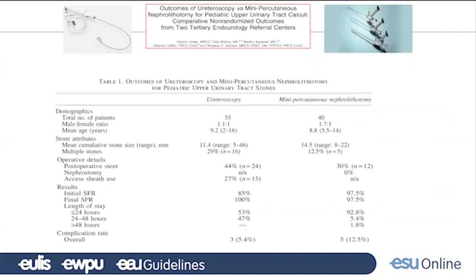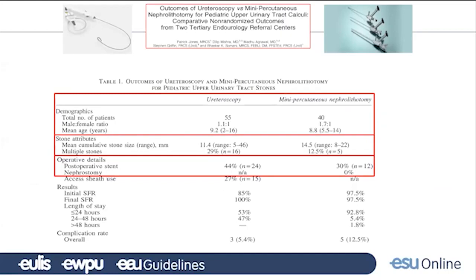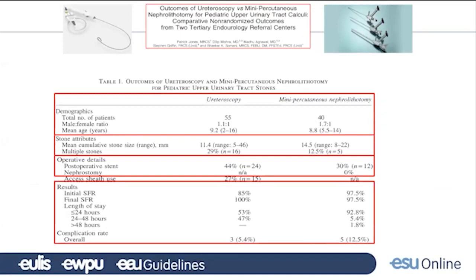Moving on, what about the difference between ureteroscopy and mini PCNL? This was from 2 different specialist centers, one on ureteroscopy, which was our center, and one on mini PCNL, with comparable patients. Although the PCNL group had slightly larger stones, the ureteroscopy group had more multiple stones. Postoperative stent rates were higher in ureteroscopy, 44% as opposed to 30% in the mini PCNL group.